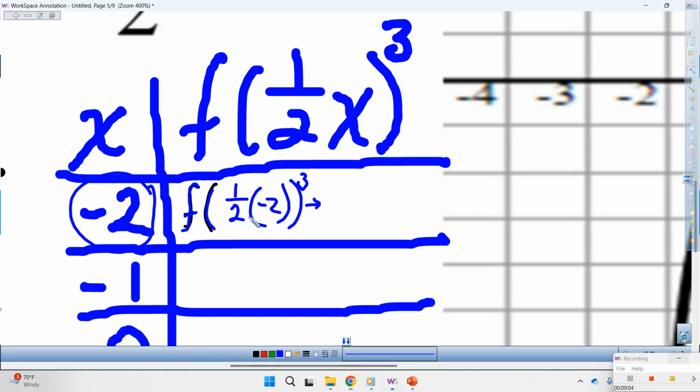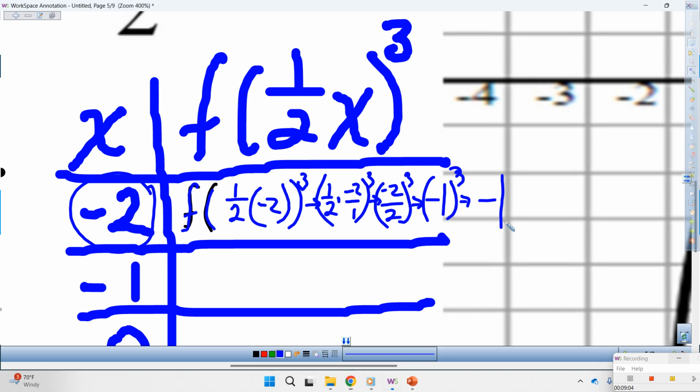I just wanted for you to see where everything's at. So what is 1/2 times negative 2? So that is 1/2 times negative 2 over 1 cubed. So that is negative 2 over 2 cubed, which is negative 1 cubed, which is negative 1.